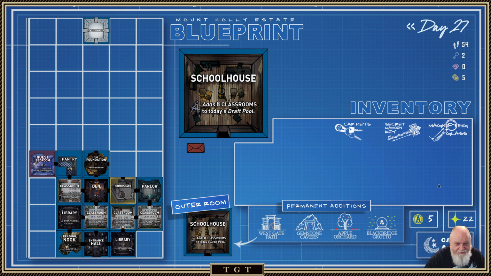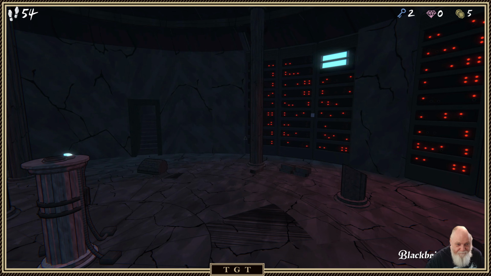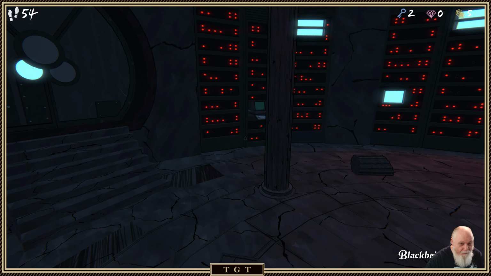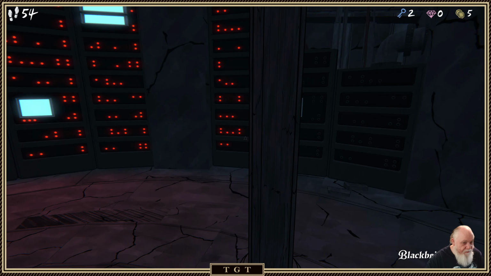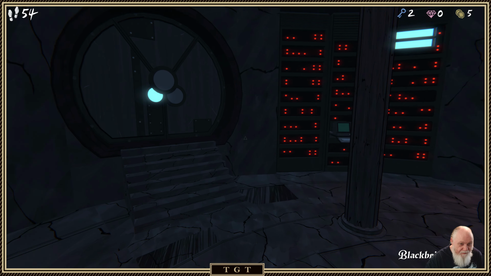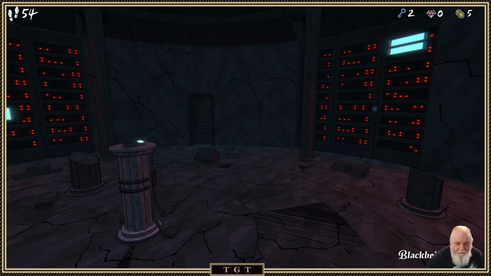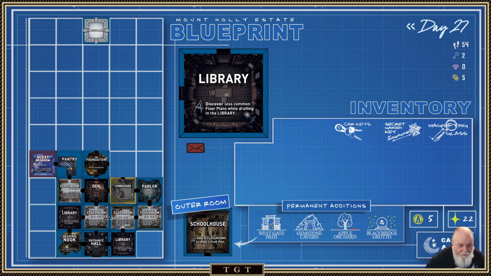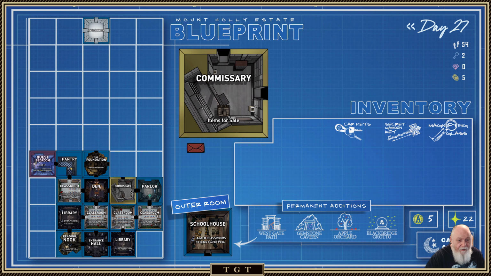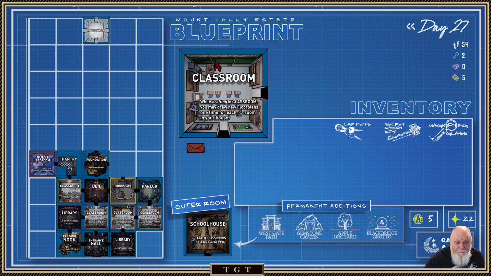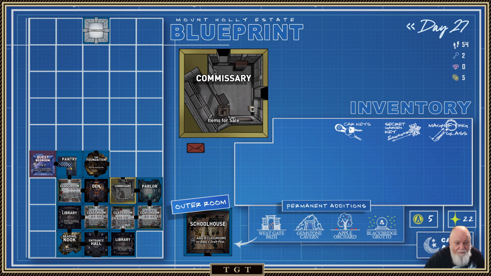Such a waste. But it is what it is. I don't think there's anything I can walk around and do. I can't get through that door.